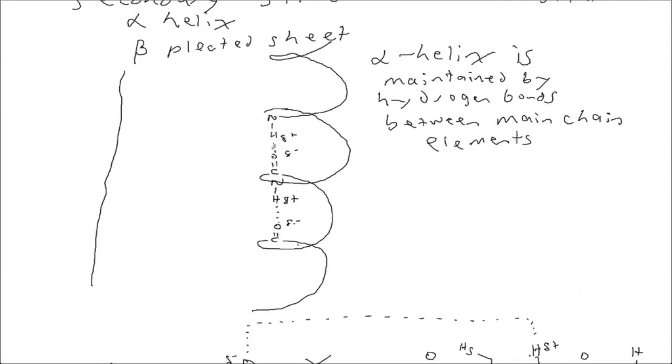Well, it turns out that in an alpha helix, the rise, which is also called the translation, is 1.5 angstroms per residue. Do you know what this symbol stands for?